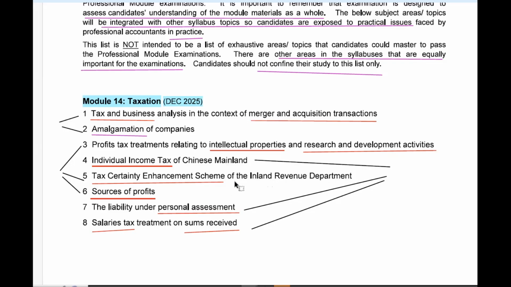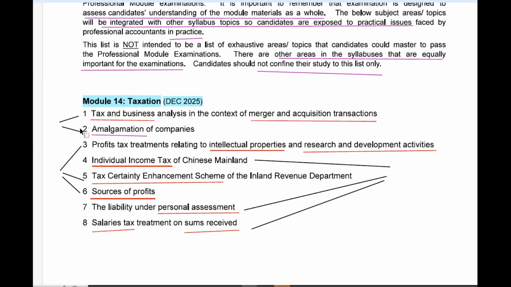So you need to observe how this will help us determine whether the gain on disposal is capital or revenue. And then source of profits: if they set a question like IP income, what will be the source determination? So 3, 5, 6 could be studied together.